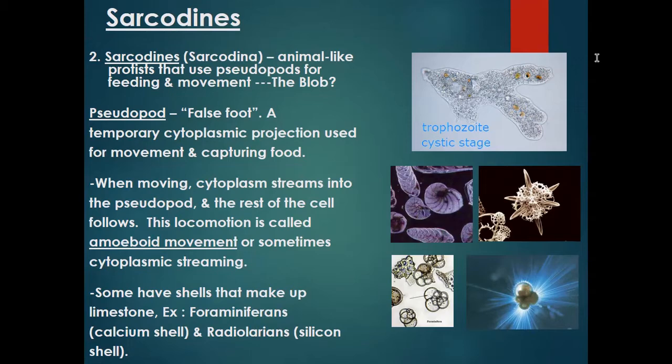So they are not active. It is the stage where they keep themselves safe from a very harsh environment, and that would protect them for a certain period of time.